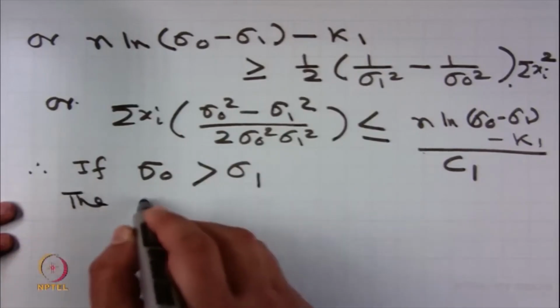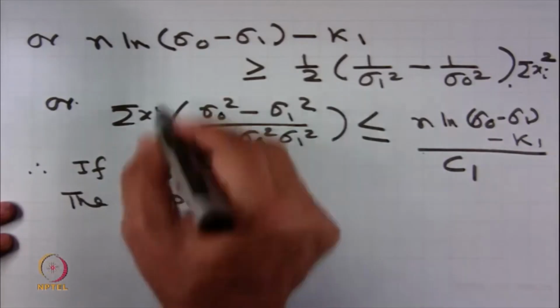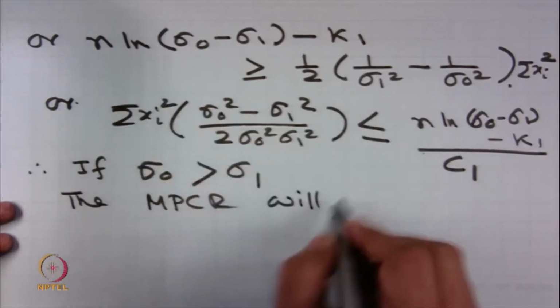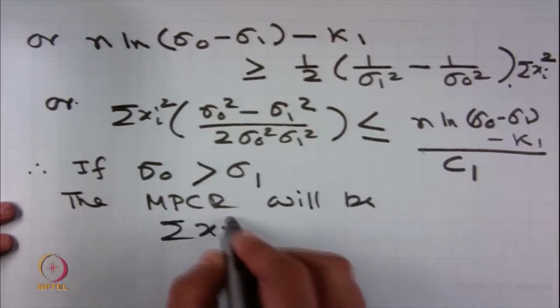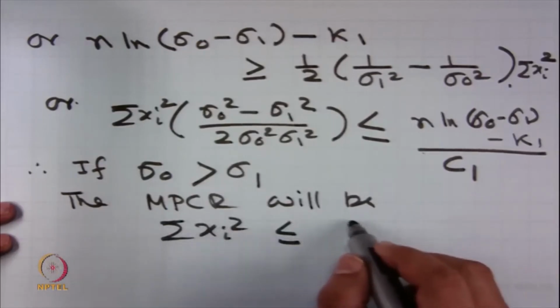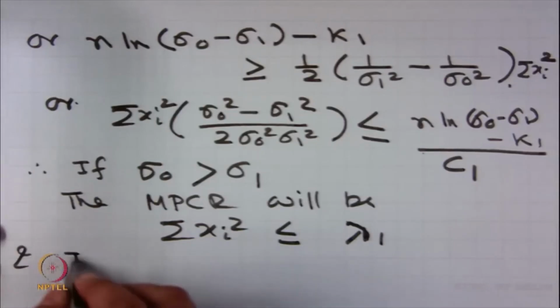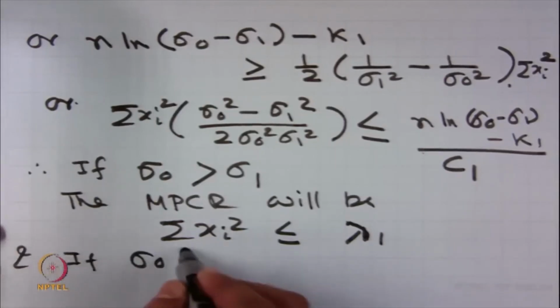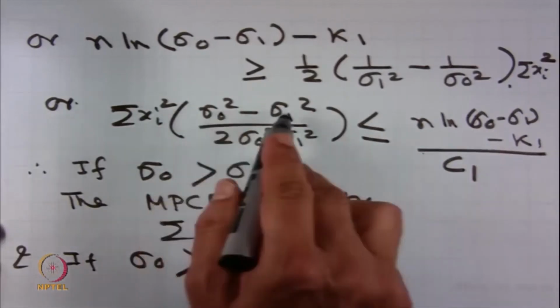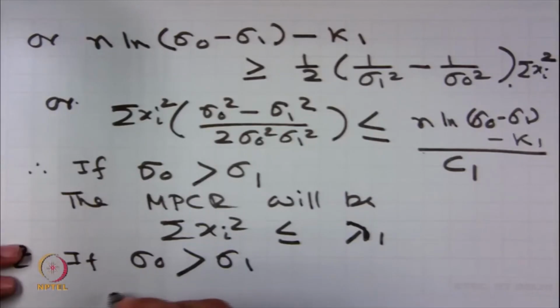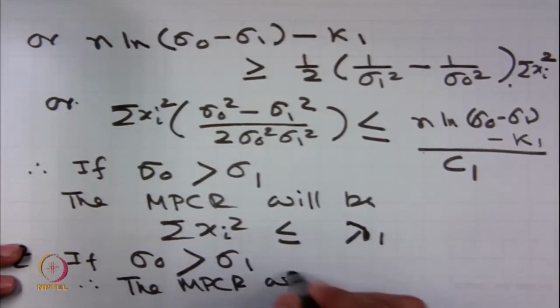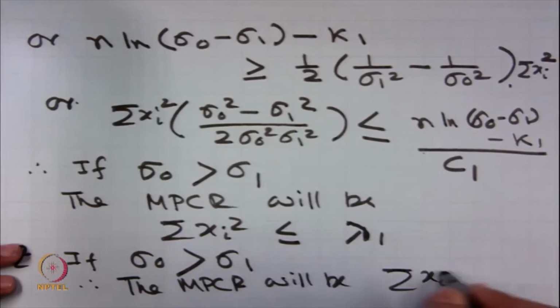The MPCR will be sigma xi square is less than equal to some constant, say lambda 1, and if sigma naught is less than sigma 1, then because of the negative sign the inequality will be reversed and therefore, the MPCR will be sigma xi square greater than equal to lambda 2.